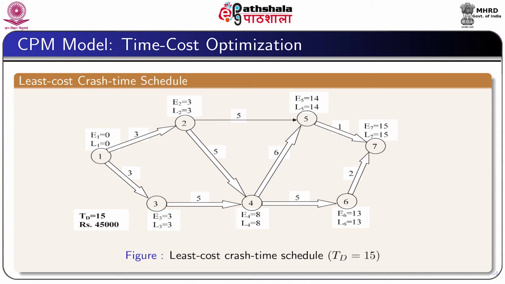Here we see that instead of a single critical path, we are getting multiple critical paths, but the length of the critical path remains the same, which is 15 weeks, and for this crash time schedule we have the cost 45,000.